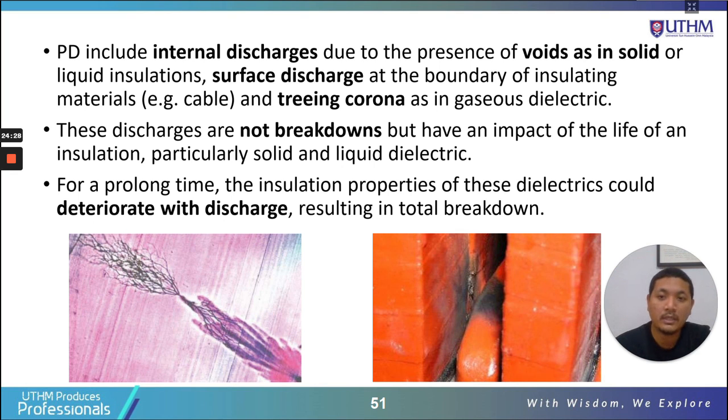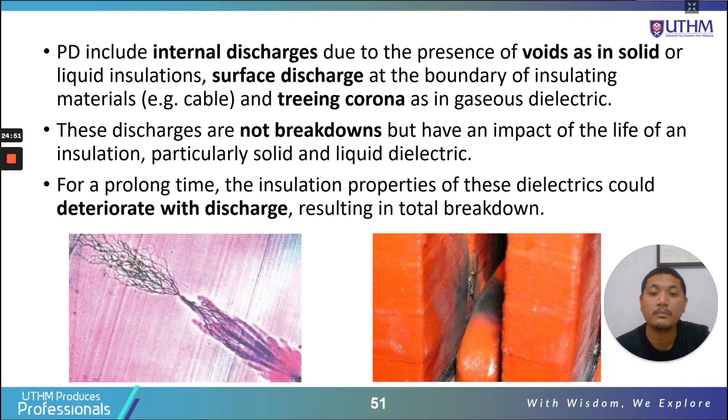For a prolonged time, the insulation properties of these dielectrics could deteriorate with discharge, resulting in total breakdown. For example, this is a cross section of the insulation of an underground cable. You can see the electrical treeing.